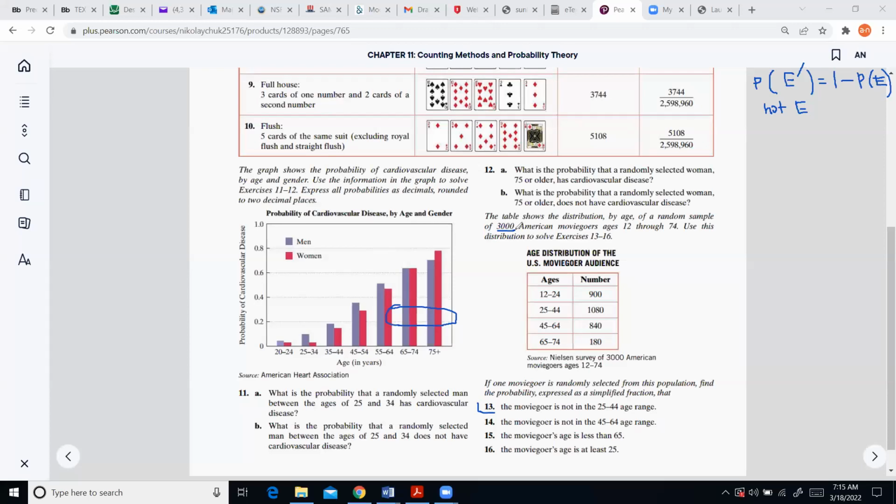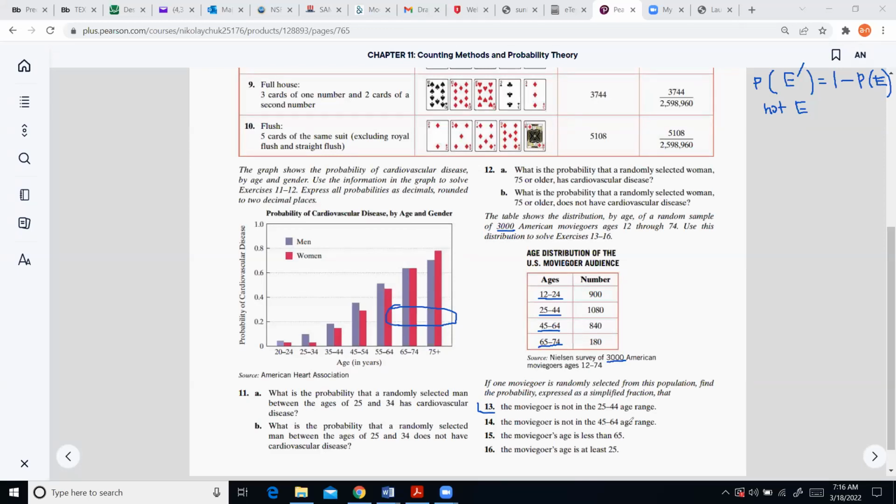And they broke them into 4 groups based on the various ages. So up to 24, the next category up to 44, up to 64, and then up to 74. If you total the numbers in column number 2, you will get 3,000. So they split the so-called sample of 3,000 people into age groups.